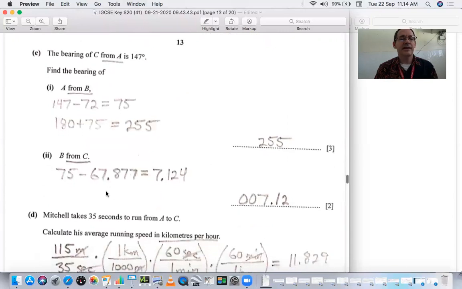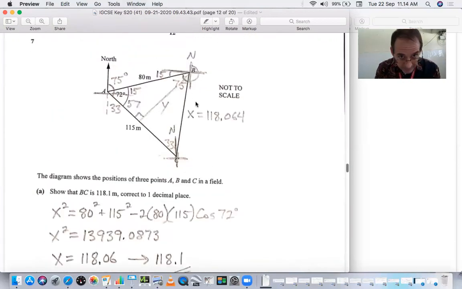minus the 67.8, which is just in here, gives us this little tiny sliver here. And that little tiny sliver is the alternate interior angle to down here. That's because these are parallel lines cut by a transversal. This little tiny bit here is this little tiny bit here.